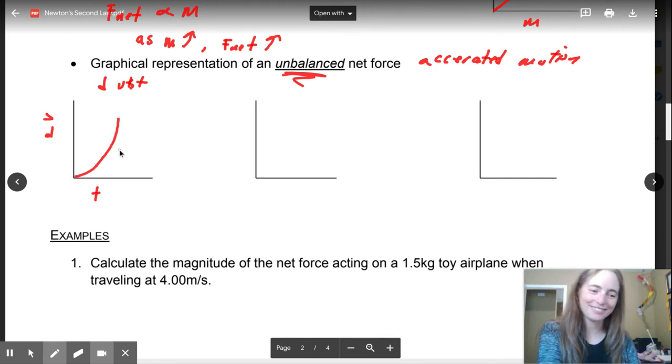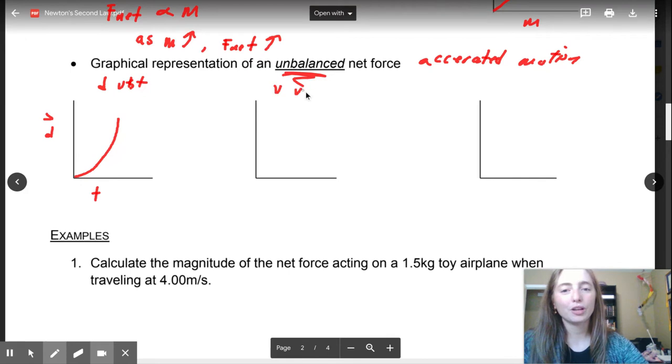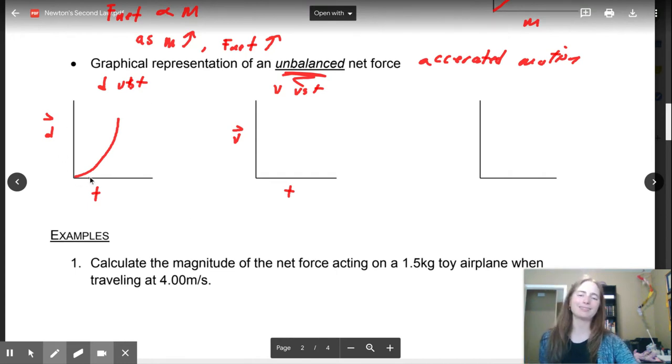Good. Okay. So, ladies and gentlemen, how else can we represent this? Well, we can go velocity versus time graph. We can have velocity here and time here. Now, the problem with this pattern, can we really do a lot of easy math with it? No. We'd have to go through a bunch of graph straightening stuff, and we're not doing that until physics 30.